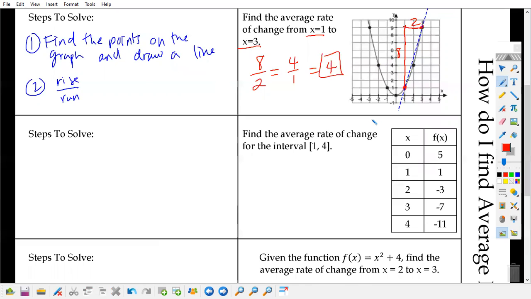All right. Next representation that we're going to do is looking at a table. So looking at it from a table, what do you think we're going to do? Well, I'm glad you asked. Step 1 is to identify the points, the starting and ending points on the table. So we're going to identify starting and ending.